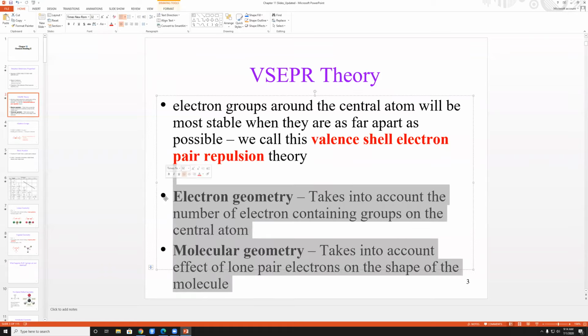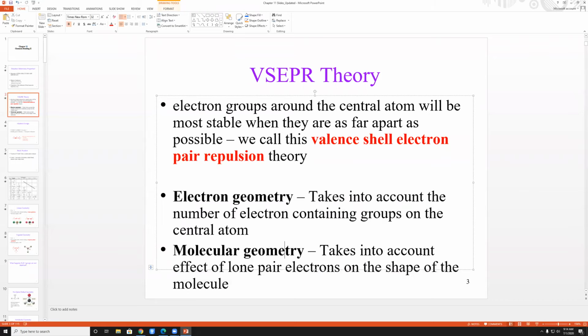Here they are. Here are the definitions: electron geometry and molecular geometry. We'll learn both of them in the same chart, and I'll annotate the chart as we go along. So electron geometry takes into account the number of electron-containing groups on the central atom. Something we do need to define is electron-containing groups.